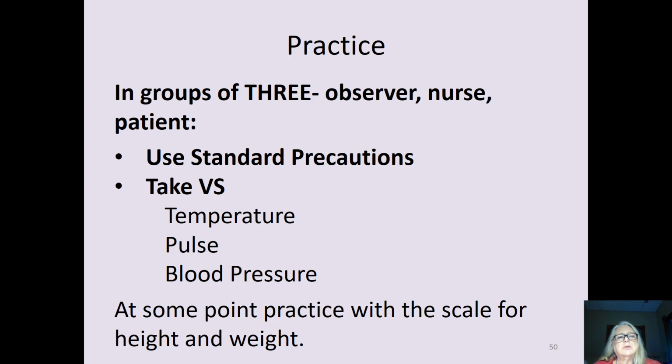So we're going to practice just like we did last week. In lab time, we're going to practice with somebody as the observer, somebody as the nurse, and somebody as the patient. Now, when it's your turn to be the observer, please, it is in the teaching that we do the most learning. So as the observer, you need to be able to tell the nurse, did she do that correctly?